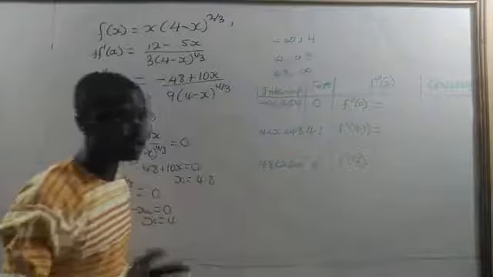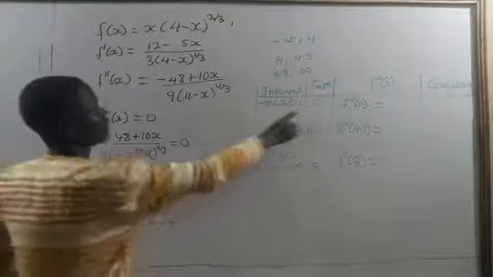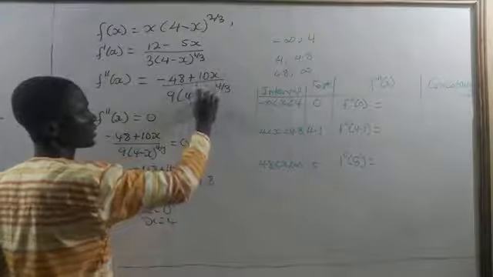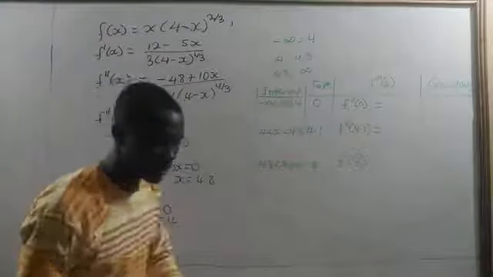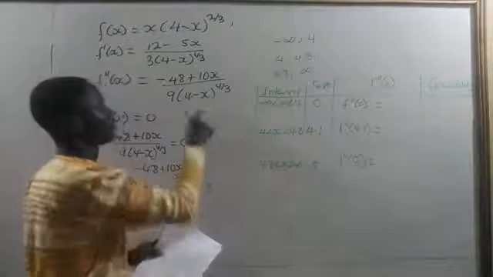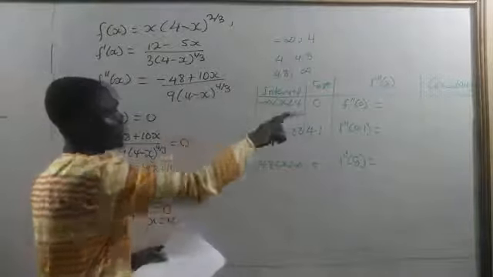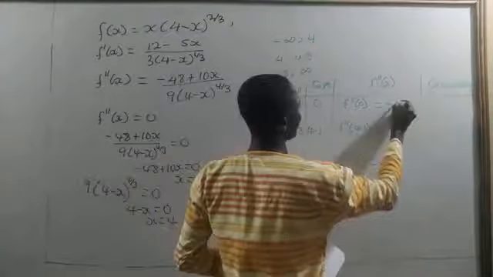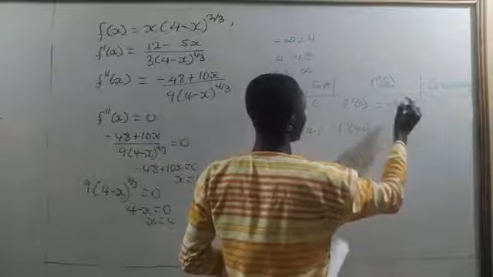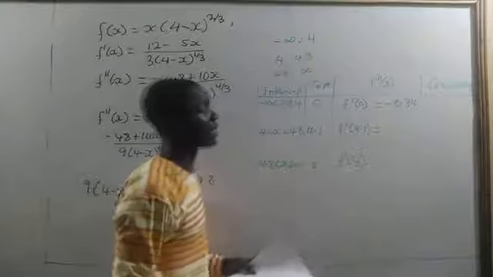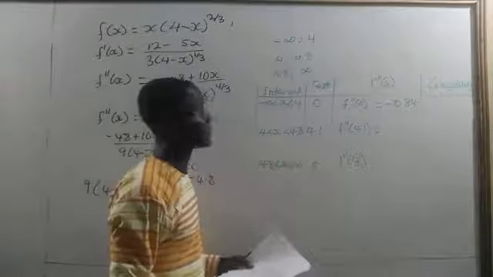So let's see. Take your calculator. If we take 0, you put it here. I've done it already here. So use your calculator to cross check. If you put in 0 here, we are going to get f prime prime of 0 to be negative 0.84 to two significant figures.